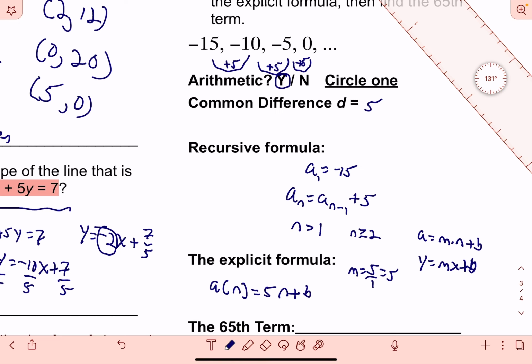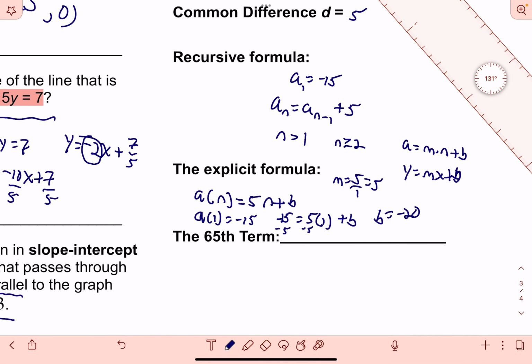Now we know a of 1 equals negative 15. So we can solve this equation: negative 15 equals 5 times 1 plus b. If we subtract 5 from both sides, b equals negative 20. So the explicit formula would be a equals 5n minus 20.